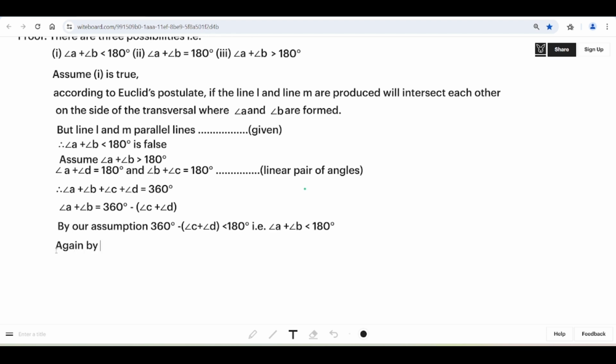Again, by Euclid's postulate, the lines will be intersecting, but it is given that the lines are parallel.